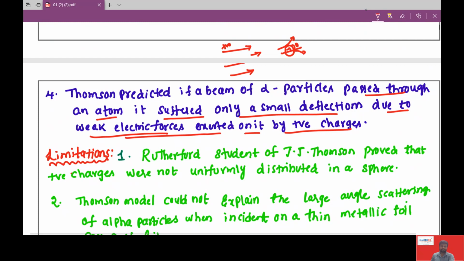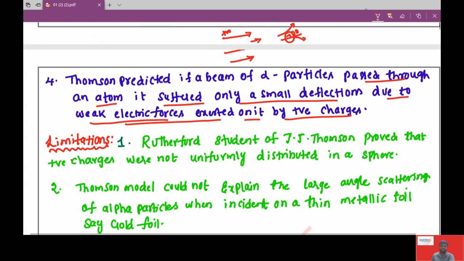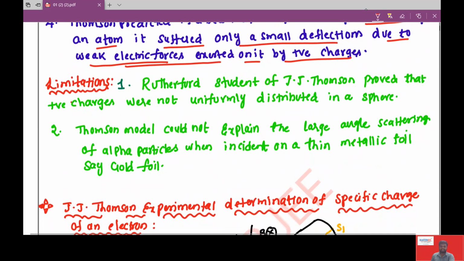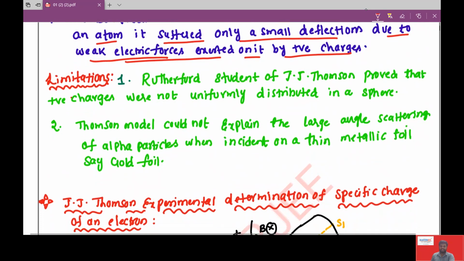Okay, so those are the four assumptions or postulates of the J.J. Thomson model. And then what are the limitations? He is not able to explain some phenomena. The first one: he didn't explain how the positive charges were uniformly distributed over the entire sphere. That is one drawback.